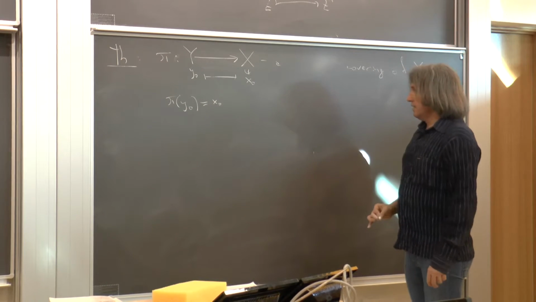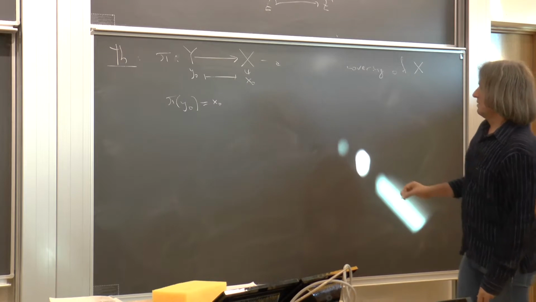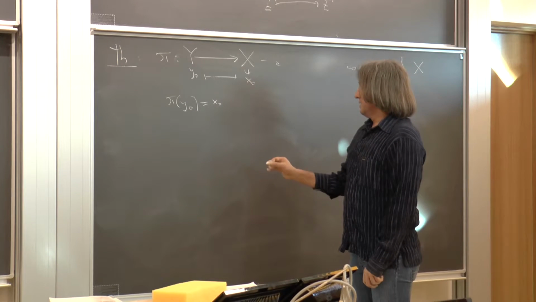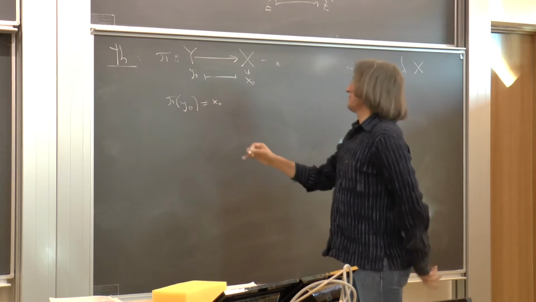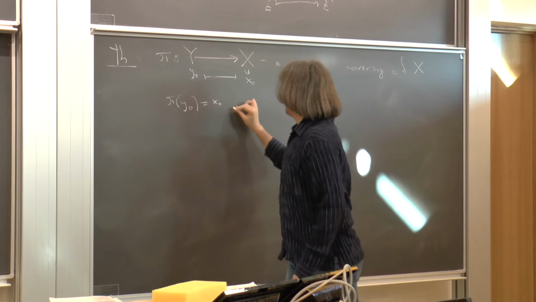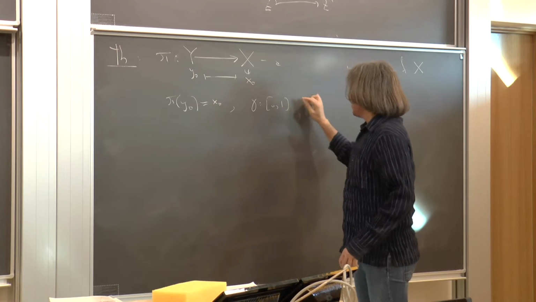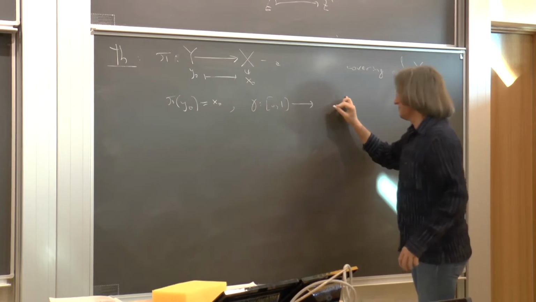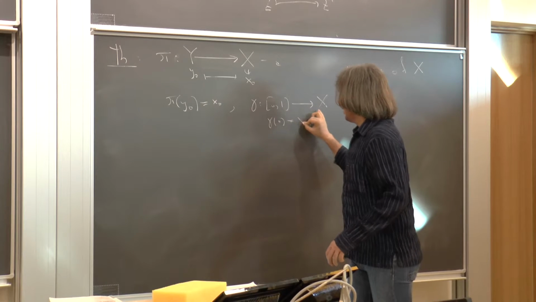And there's a path gamma from [0, 1] to x with gamma of 0 being x naught.